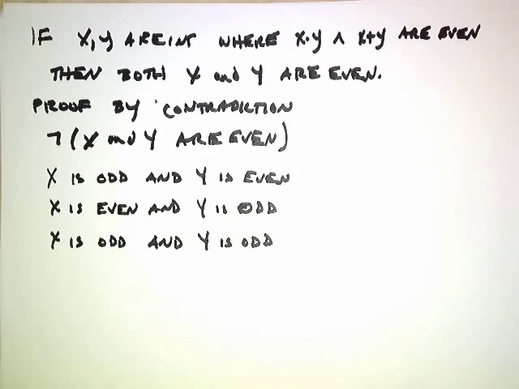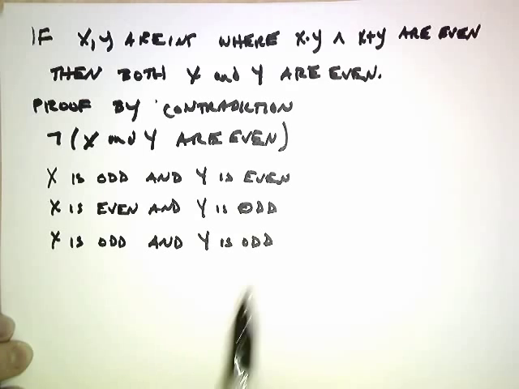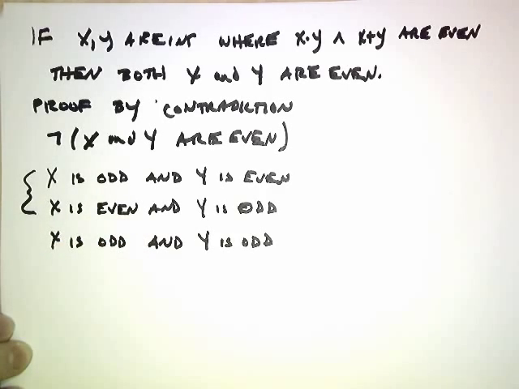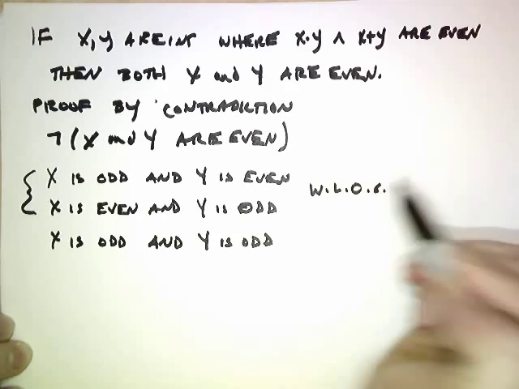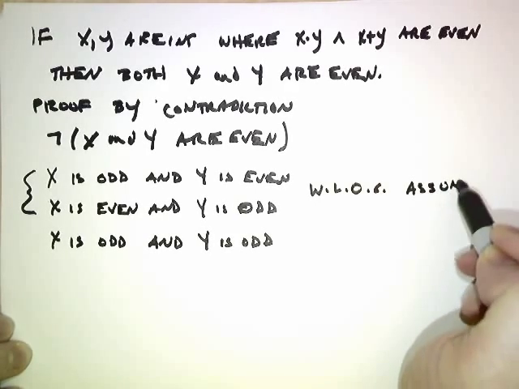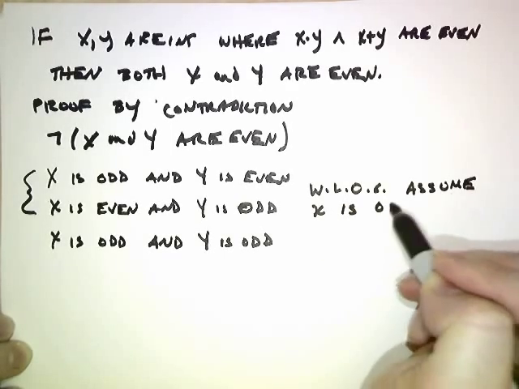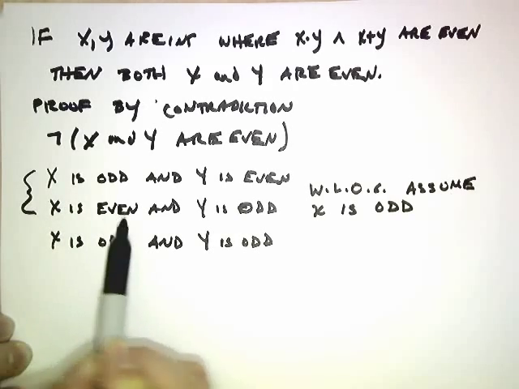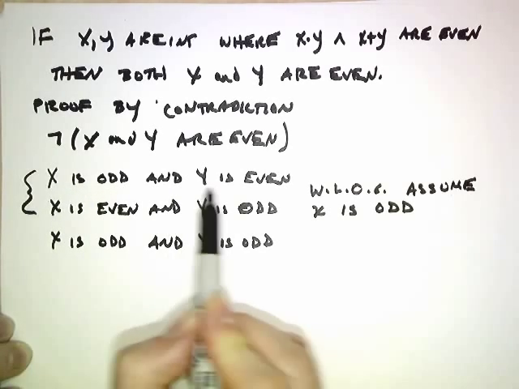Since this is a proof by contradiction, I need to show that each one of these three cases leads to a contradiction. Now it turns out that these two cases are going to be nearly identical. So without loss of generality, I'm going to assume that x is odd, because the x is even and y is odd case is the same as the x is odd and y is even case.